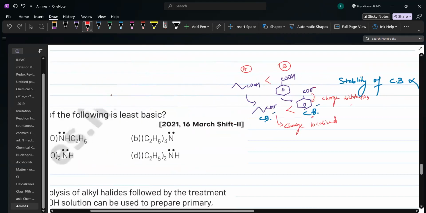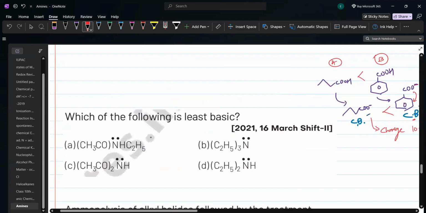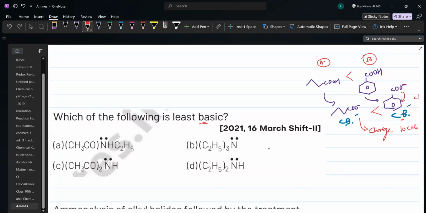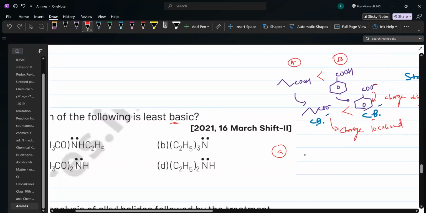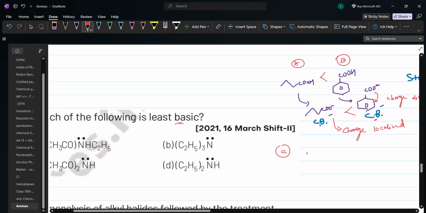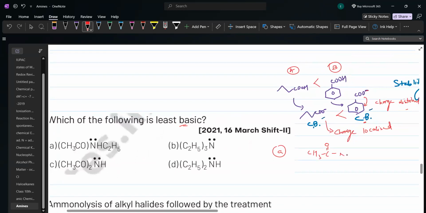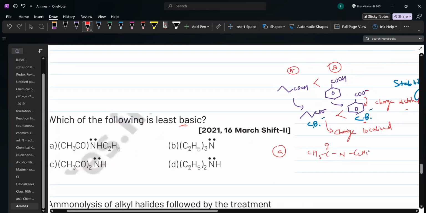Now let's solve this question. To compare the basic nature of compounds, we will donate the electron, and we will see which is more stable after donation. Okay? So for example, when we are going for A, we have this CH3COO, and I'm just writing this C2H5. I will give you time to note, don't worry.